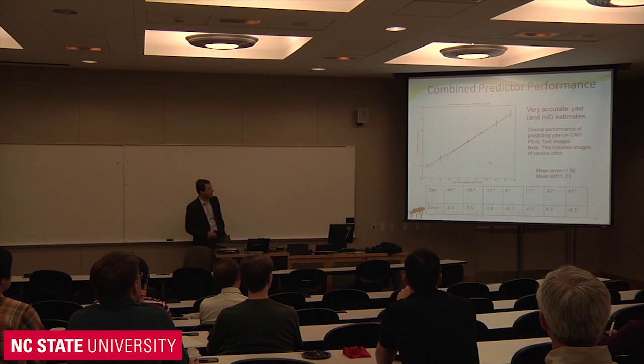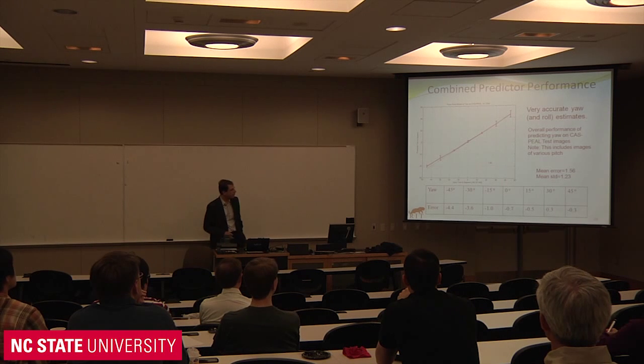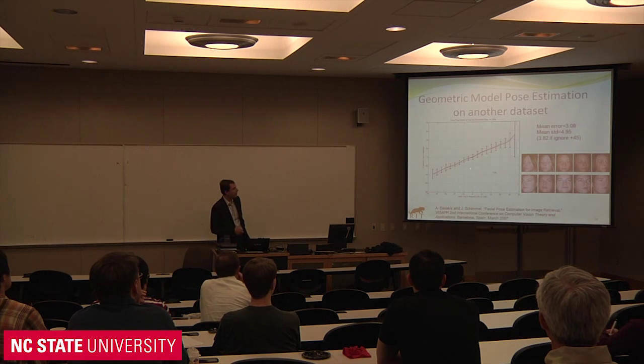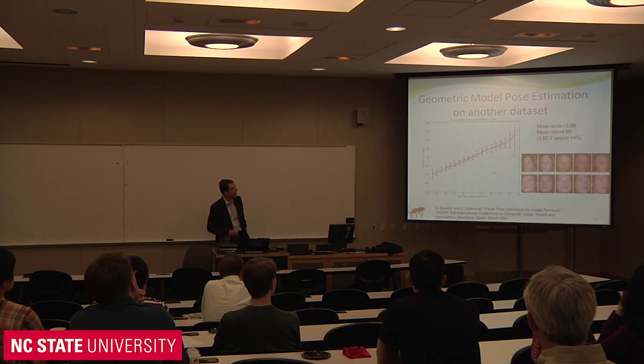We also wondered how this result would generalize to other databases. Here you can see the mean error is very small, less than 2 degrees, which was really, really good for something that's passive, right? We don't use any infrared or anything like that. We also tried it on a different database, and we got about 3 degrees of average error, which is still fairly good.